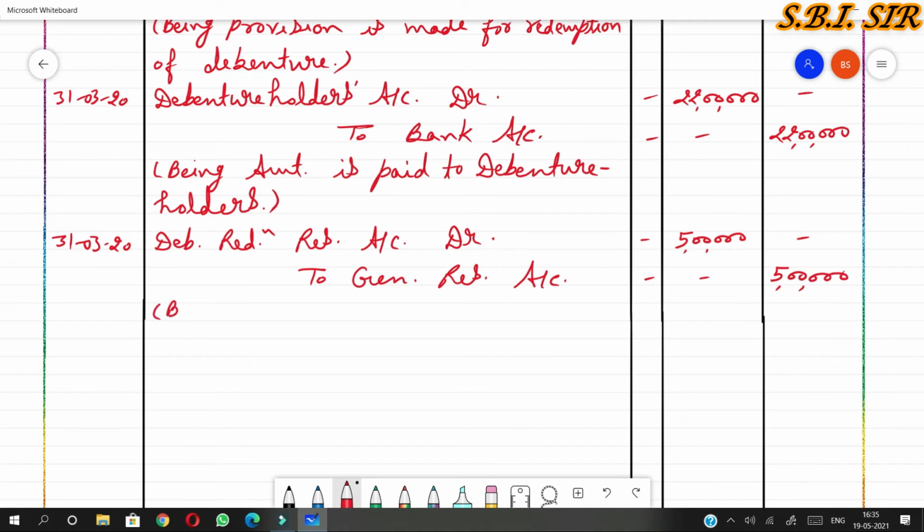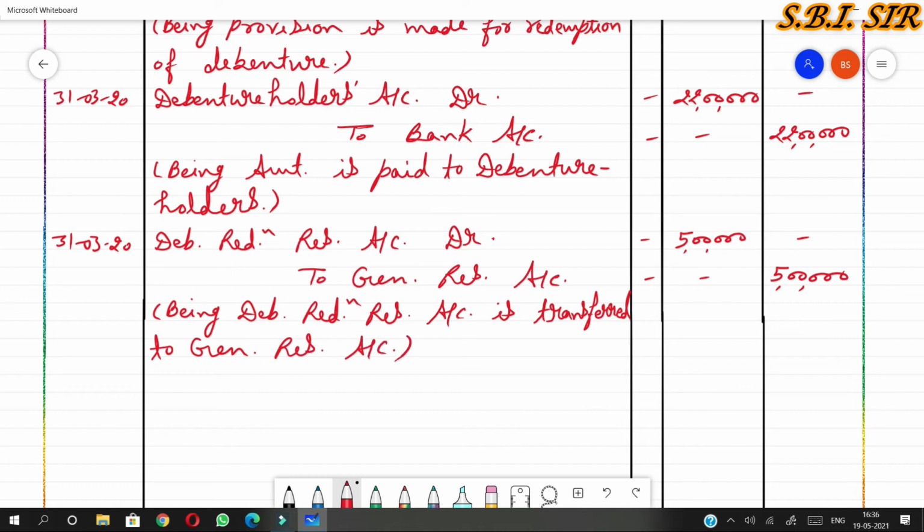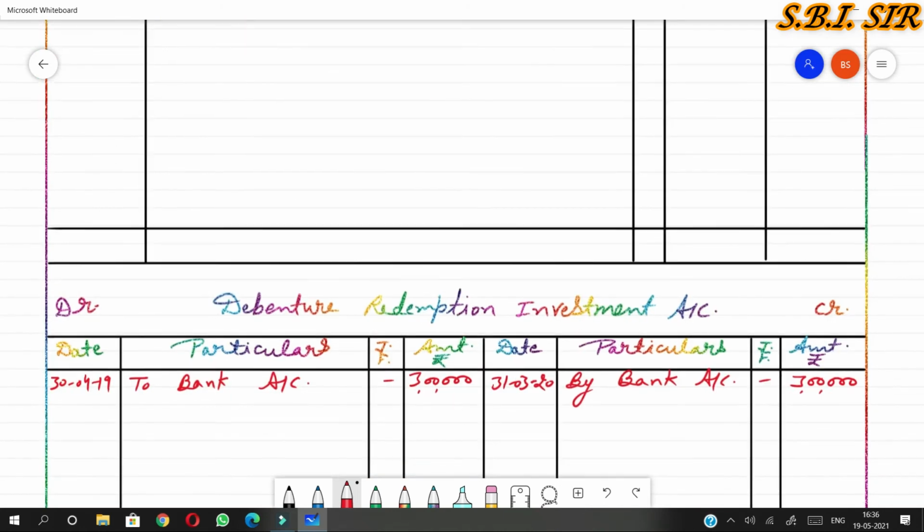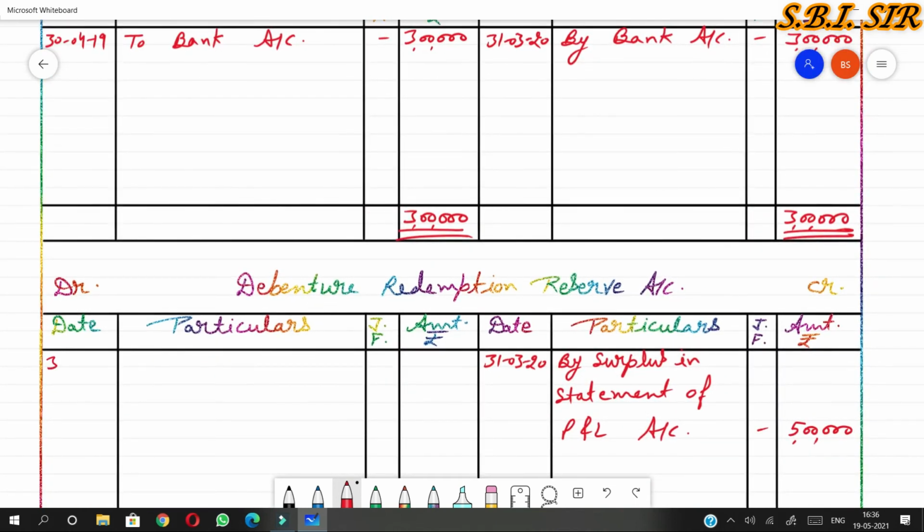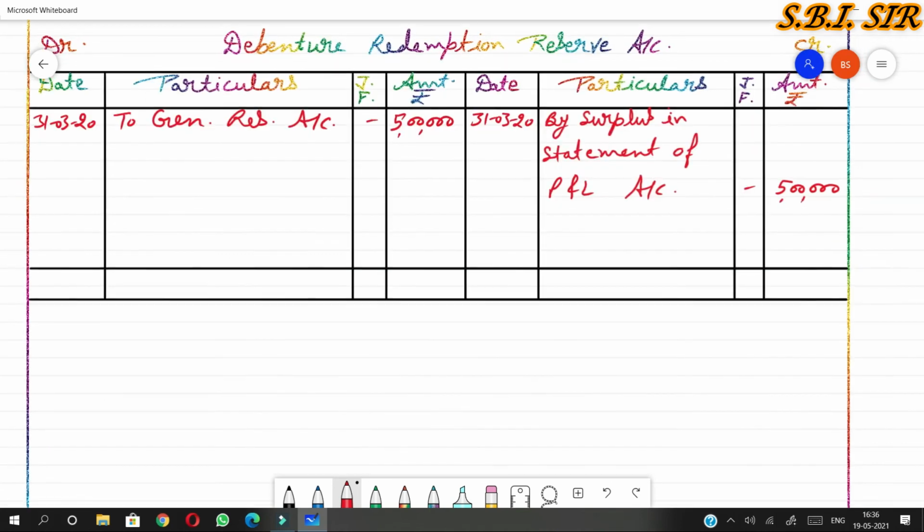Then narration being debenture redemption reserve account is transferred to general reserve account, and we will post this entry to debenture redemption reserve account debit side, 31st March 2020, to general reserve account. After that we will make total and we will get both side same total 5 lakh.